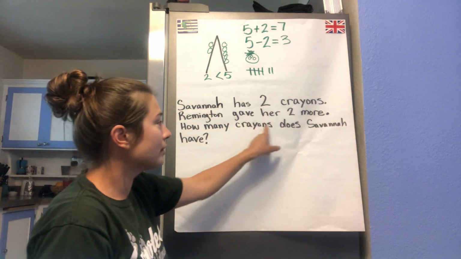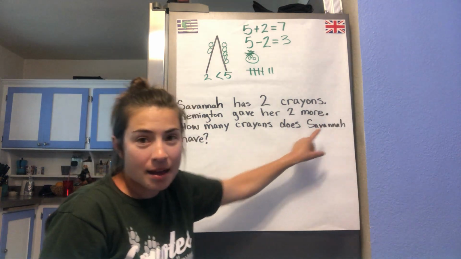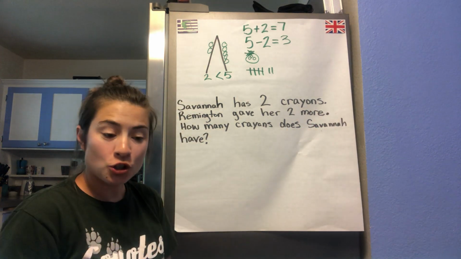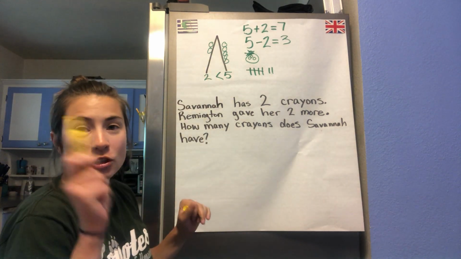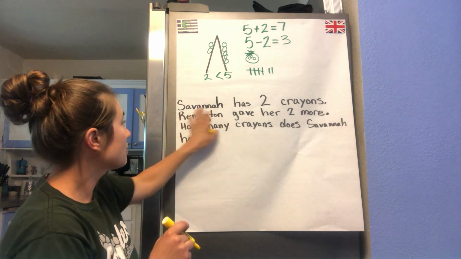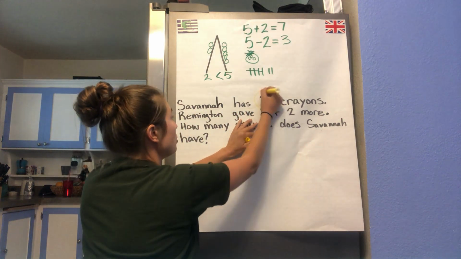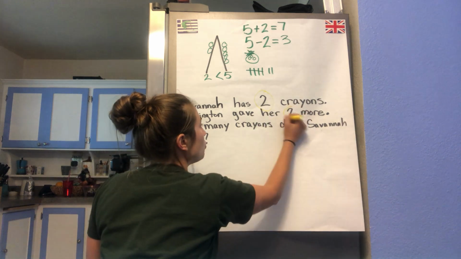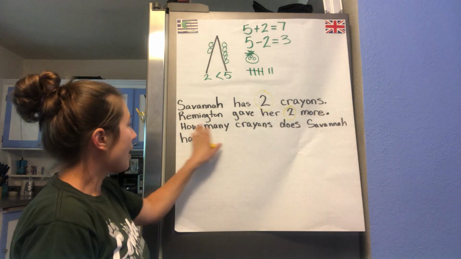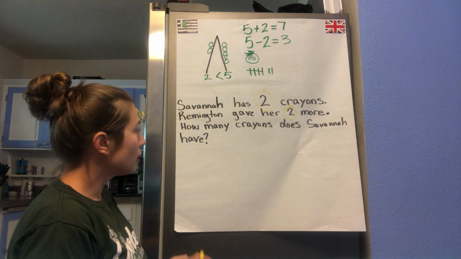How many crayons does Savannah have? Now I'm going to show you. I've got my yellow. I'm going to start by highlighting the numbers. Savannah has 2 crayons. Remington gave her 2 more. How many crayons does Savannah have?